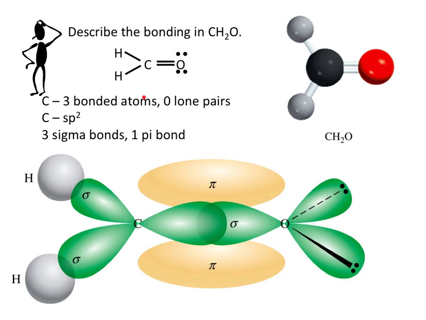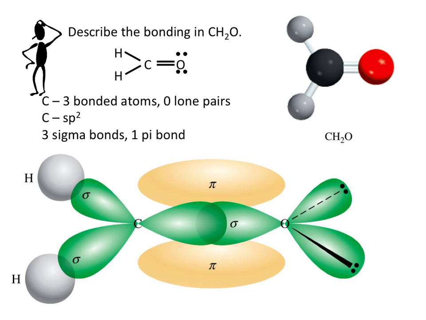So if we look at this example here, and they ask us to describe the bonding in the molecule, we can look at it from multiple perspectives. We could say that this carbon atom is sp2 hybridized. The reason why I know it's sp2 hybridized is because the carbon has 1, 2, 3 groups around the central atom.